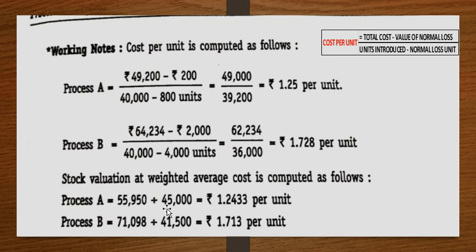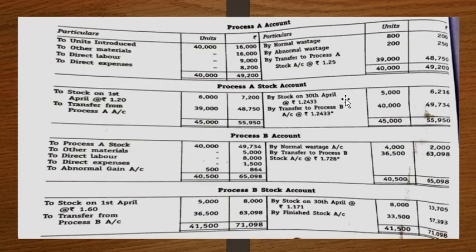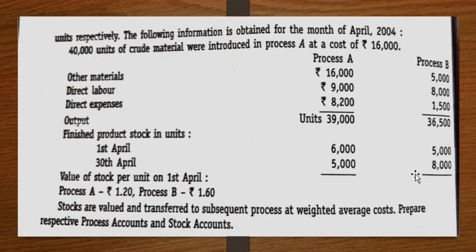Then we will put into the problem, closing stock on 30th April. The number of units given in the question is 5,000. You can look into the question: on 30th April it is 5,000.